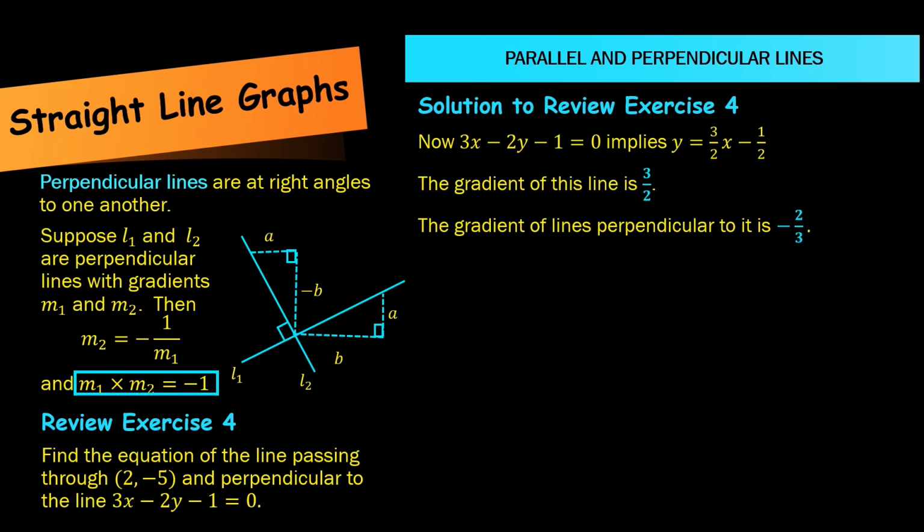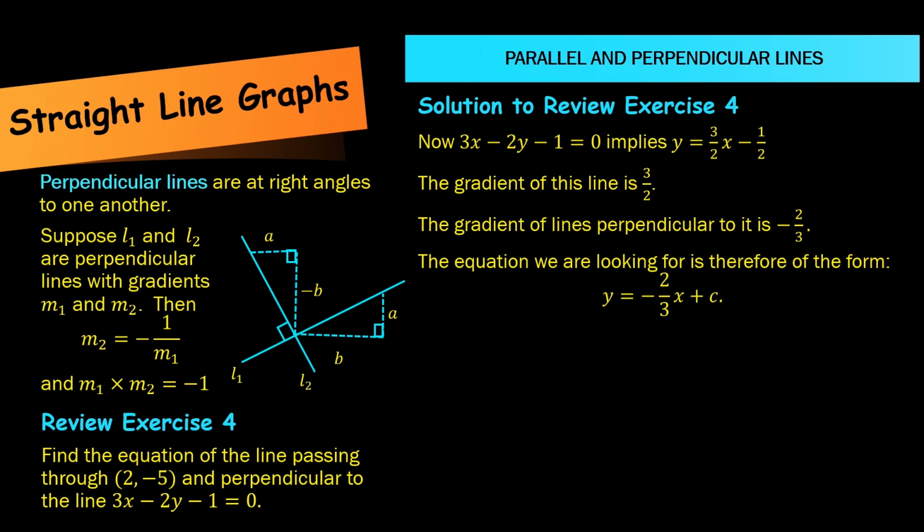And therefore, the equation we are looking for is of the form y equals -2/3 x plus c. We substitute x equals 2 and y equals -5 to find c, as shown.